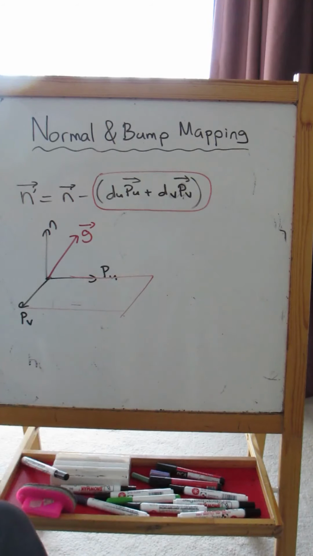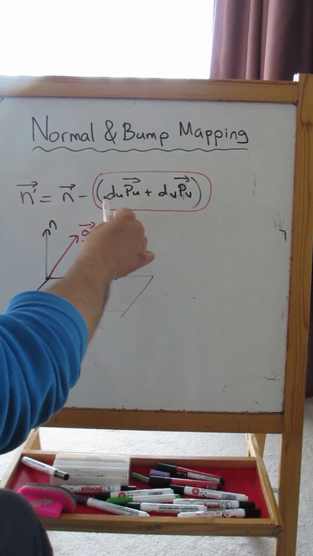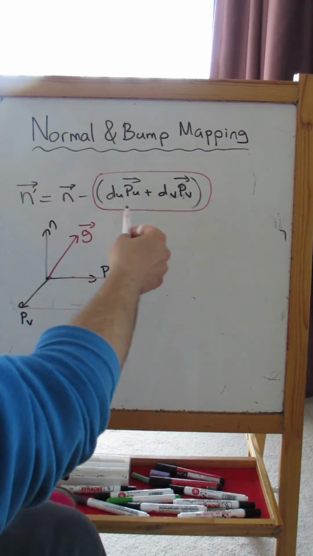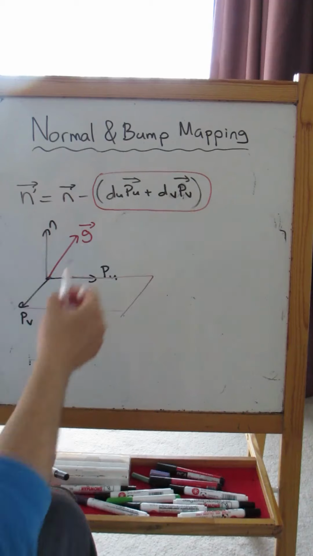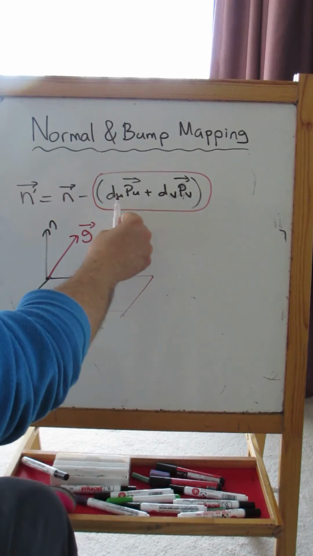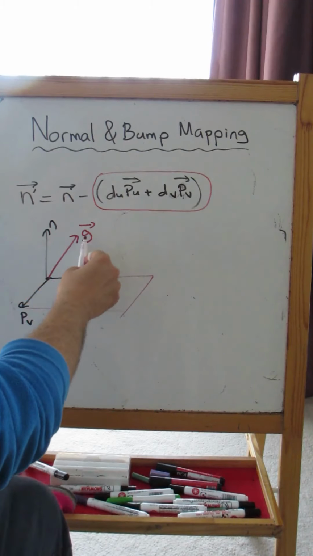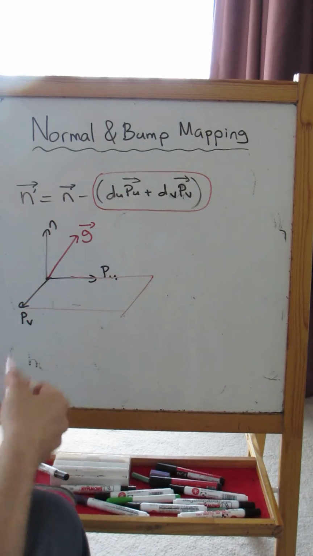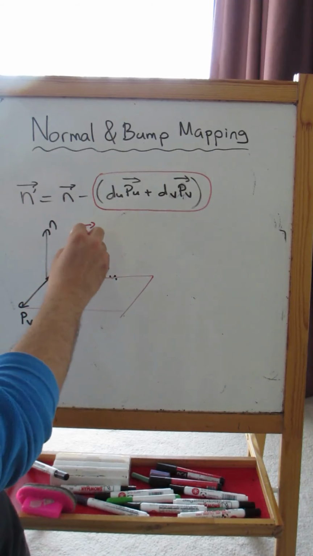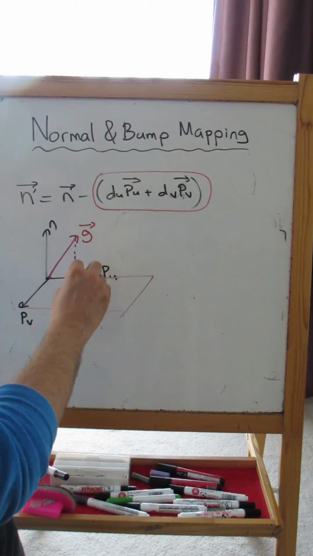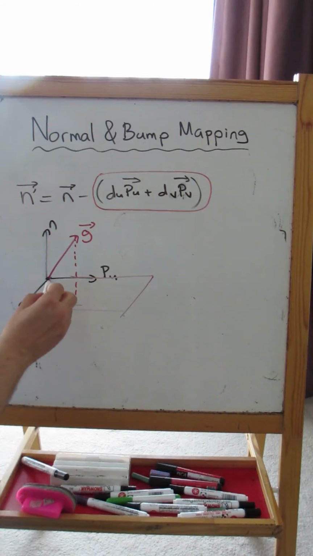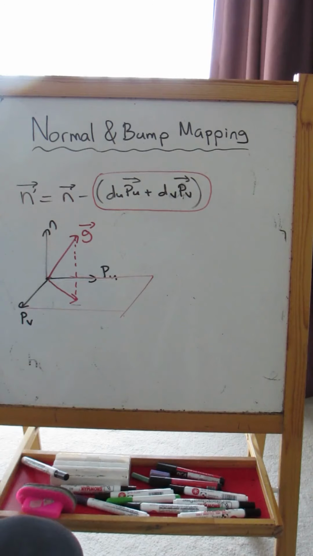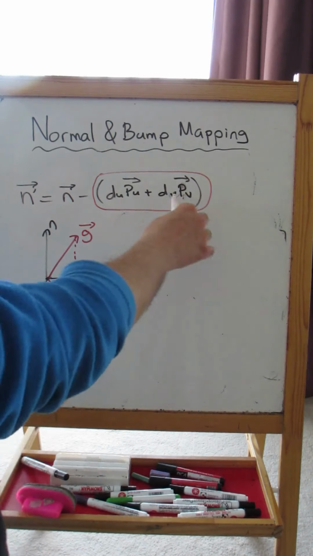So in the case of Perlin noise, what this corresponds to is actually the projection of the gradient on the tangent plane. Okay, so if you project this gradient on the tangent plane, this is what this vector represents.